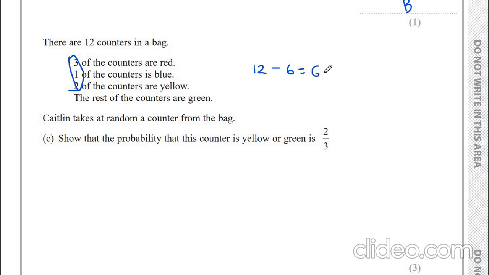So there are 6 green counters in the bag. So 2 yellows and 6 green. A total of 8 counters out of 12. And if you simplify that by dividing by 4, 2/3. Done.